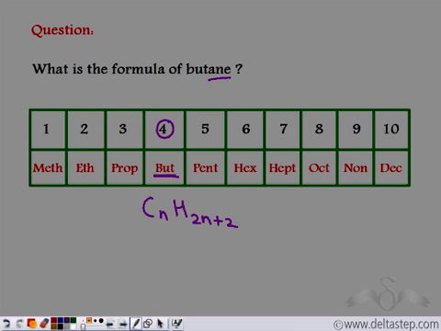We substitute n equal to 4, so we get C4H(4 into 2 plus 2), that is C4H10. So the formula of butane is C4H10.